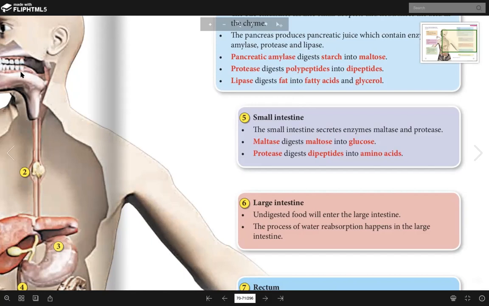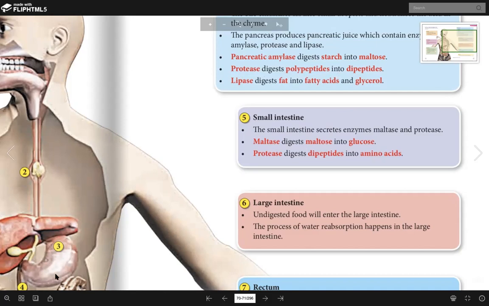Okay, seterusnya protease. Protease dekat perut ni digunakan untuk digest protein kepada polypeptide. Tapi kalau dekat duodenum, ditukar pula. Protease tu akan digest polypeptide kepada dipeptide. Nampak tak?